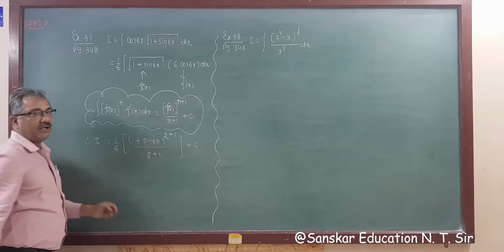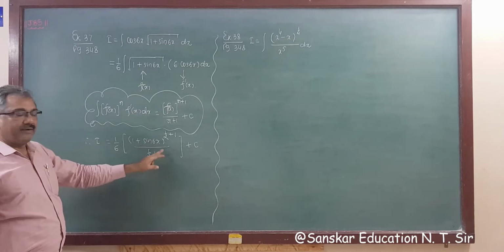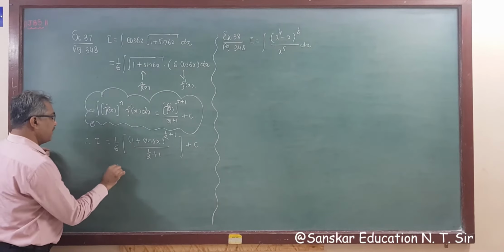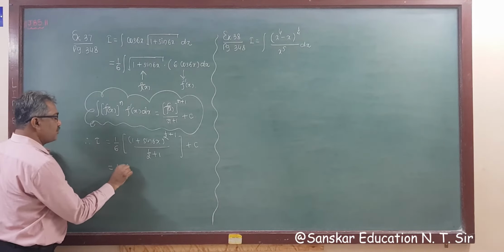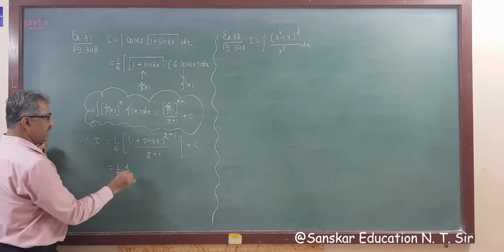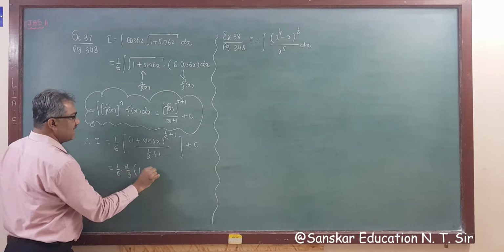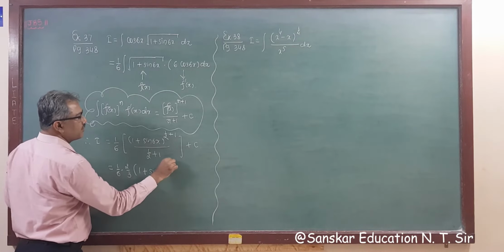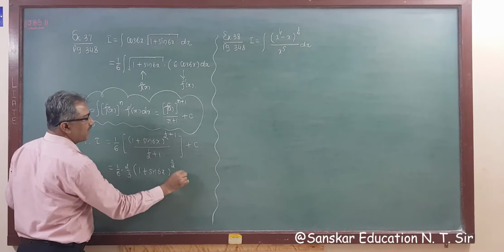This is your answer. So this is 1 plus 1 by 2, that is 3 by 2. So this is 1 upon 6 into 2 by 3. The denominator of the derivative goes to the numerator, and this is 1 plus sin 6x raised to 3 by 2 plus c.